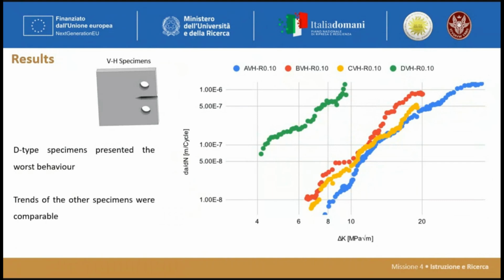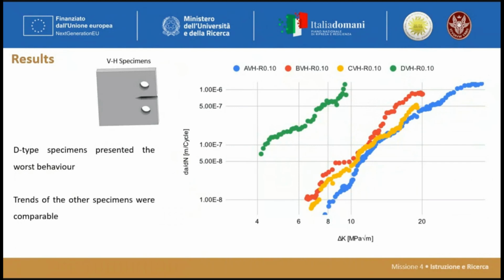So you need little energy to break this specimen. As concerns the other families, we can see that they are grouped more or less in the same zone. So the behavior is almost similar.